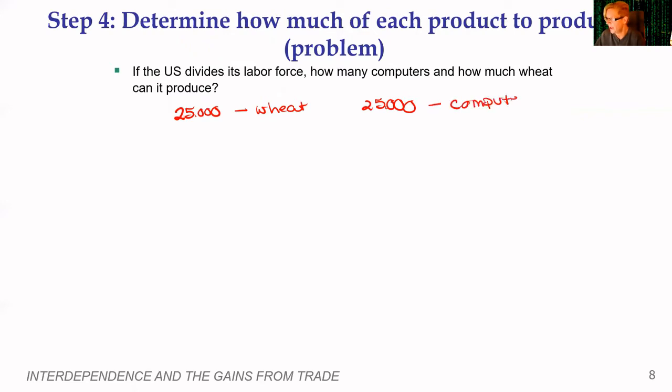So you could say, I remember from the previous slide, to produce wheat takes 10 hours, so I can produce 2,500 wheat. And it takes 100 hours to produce computers, so 250 computers. Notice that abides by the 1-to-10 ratio, because the highest common multiple that goes into 250 and 2,500 evenly is 250. So we end up with a 1-to-10 ratio.